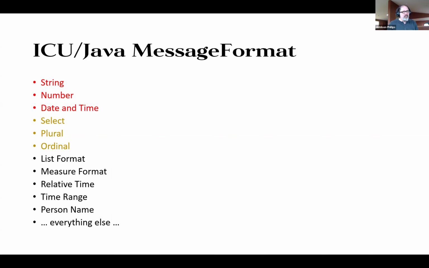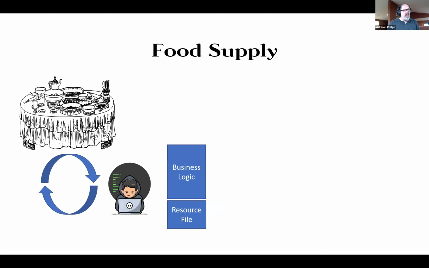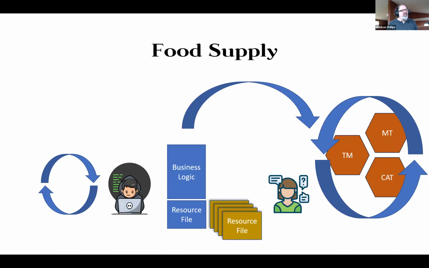And as software developers often do, when faced with a challenge like that, open source people went out and built lots of different solutions to the problems that I'm kind of outlining here. And so there's a banquet of open source. I call it the food supply. You can choose whatever libraries you want off the banquet of open source table and choose to put that into your software as a software developer. And that's led to sort of a challenge, because then the resource files go to translation land. Translators see all sorts of different formats.